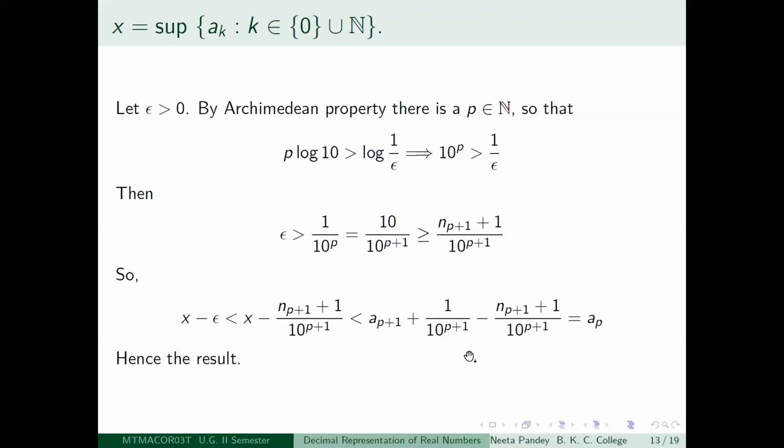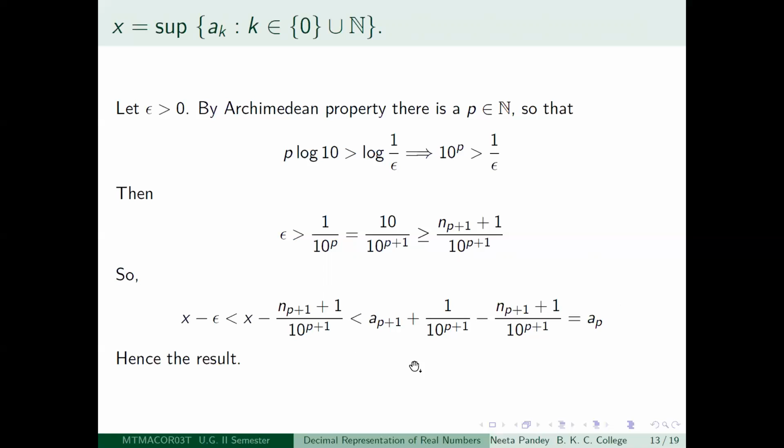Now here you see that 1 by 10 to the power p plus 1 cancels out. So you are left with a_{p+1} minus n_{p+1} divided by 10 to the power p plus 1. So that is a_p, because a_{p+1} was recursively defined as a_p plus n_{p+1} divided by 10 to the power p plus 1.